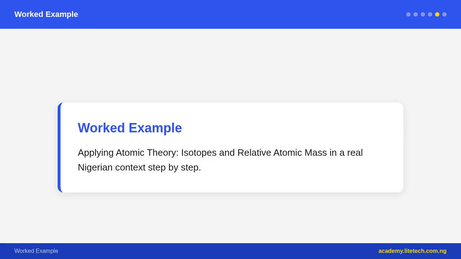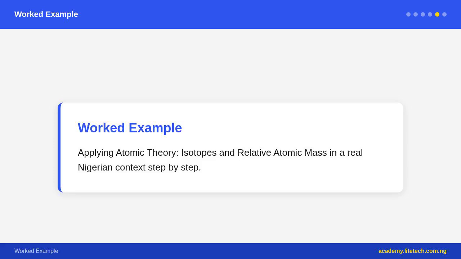Worked example 3: an element X has two isotopes. One isotope has mass number 64 and contributes 68.77% to the natural abundance. The other has mass number 66 and contributes 31.23%.